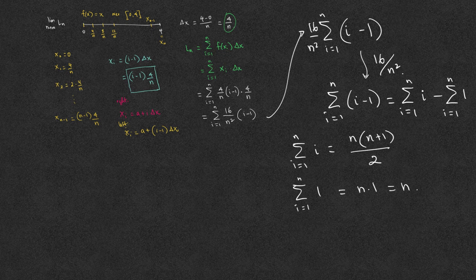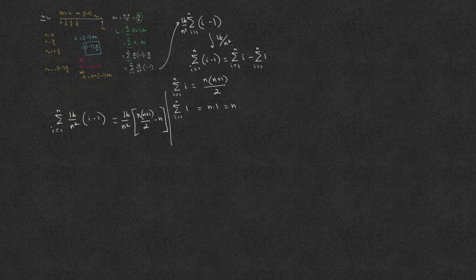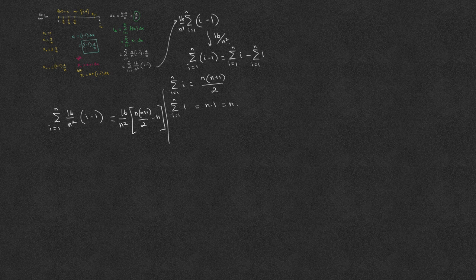And so the sum as i goes from 1 to n of 16 over n squared times i minus 1 is 16 over n squared, and inside the bracket we obtain n times n plus 1 over 2 minus n. Before we evaluate the limit of L sub n, we should simplify this expression.